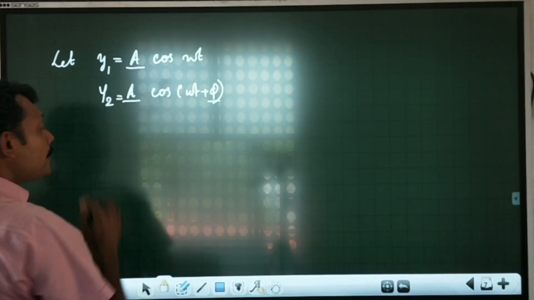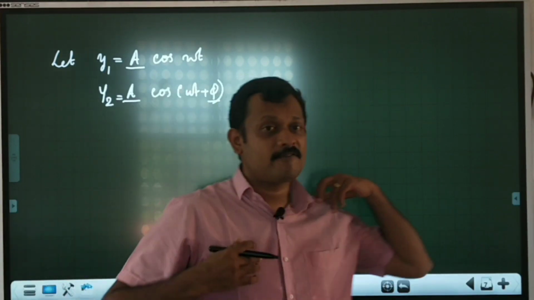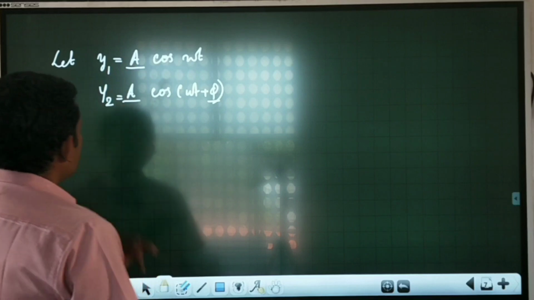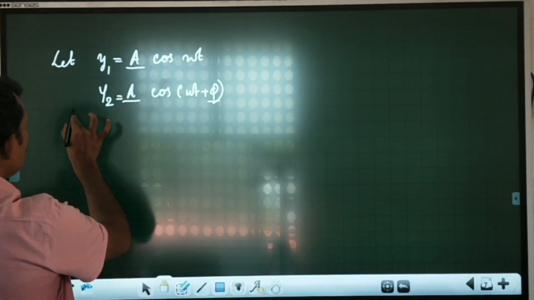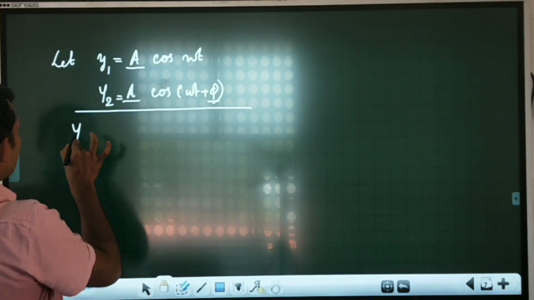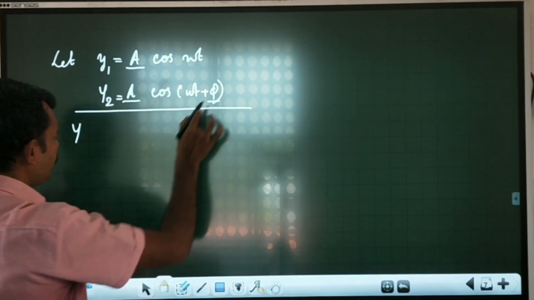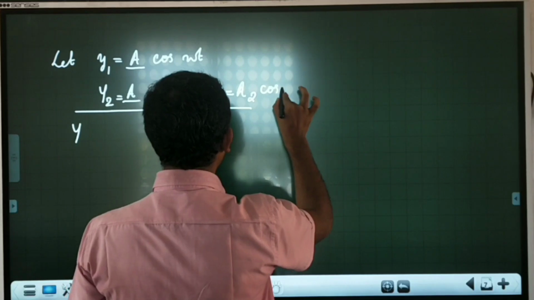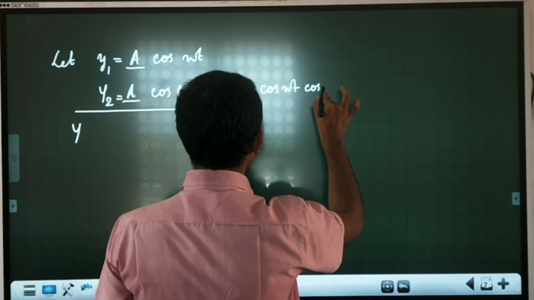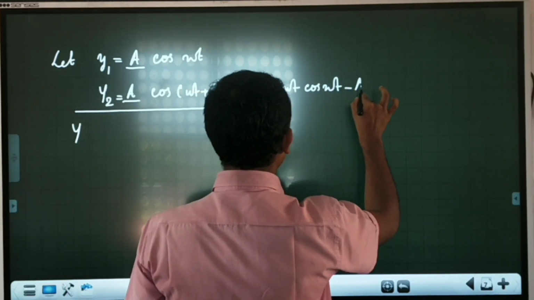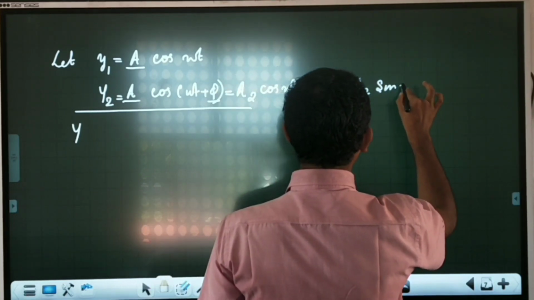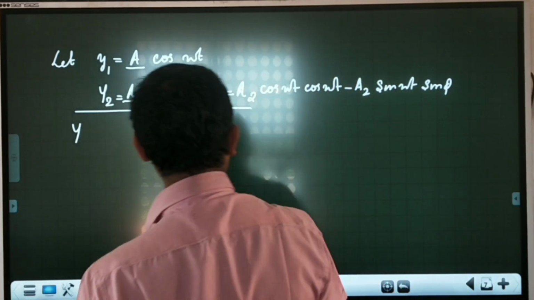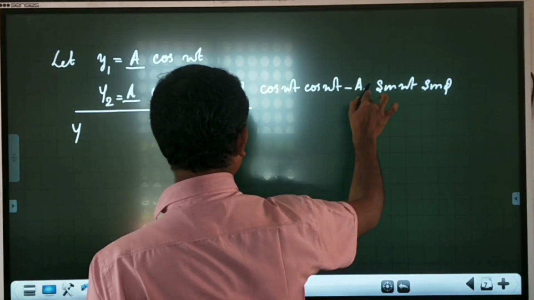Considering their amplitudes are the same, it is not necessary for coherent waves that they must have the same amplitude, but here I am considering they have the same amplitude. Before writing the resultant equation, we will expand this expression. This is a cos omega t cos phi minus a sin omega t sin phi.